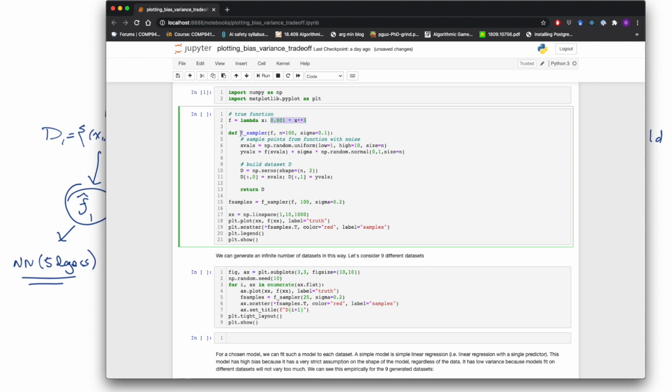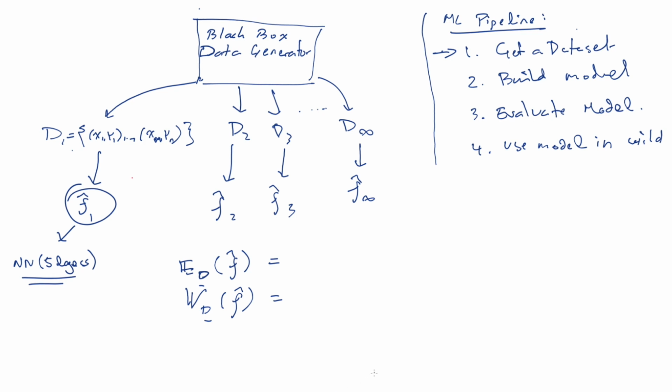Now my function here, f sampler, is a way of sampling from this function. So in general, if you're simulating a data set, this is useful if you're trying to test a model or test your own algorithm.